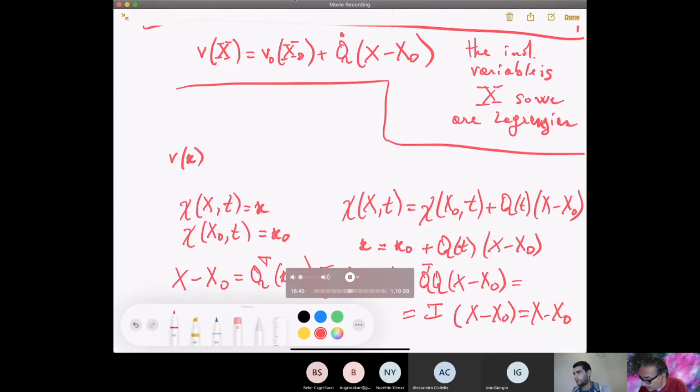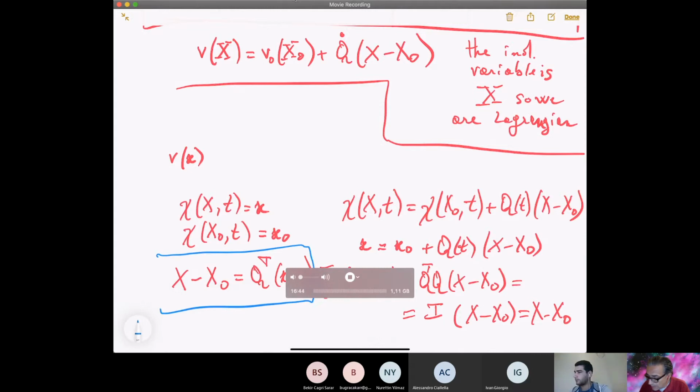This formula is telling us what? Given the position, I tell you which are the material particles in that position. Okay?